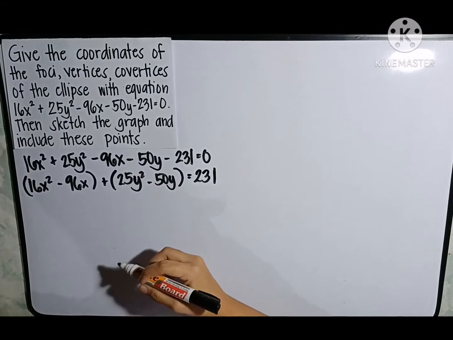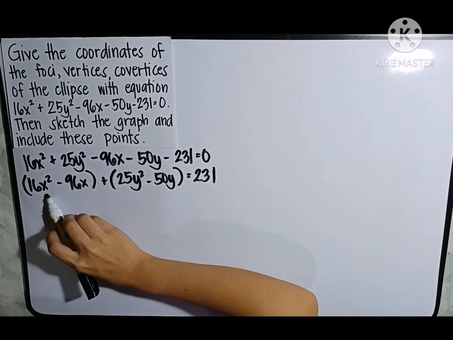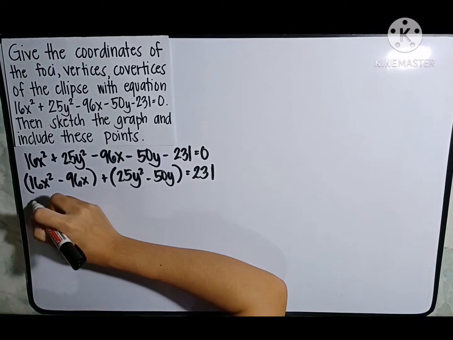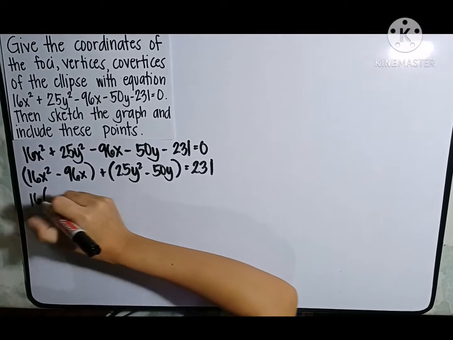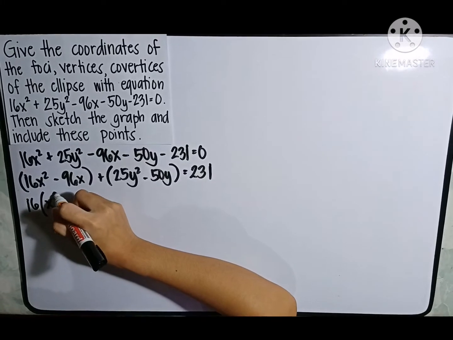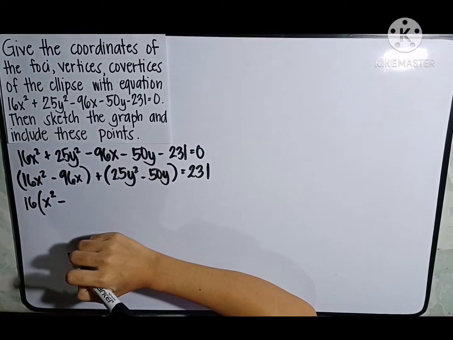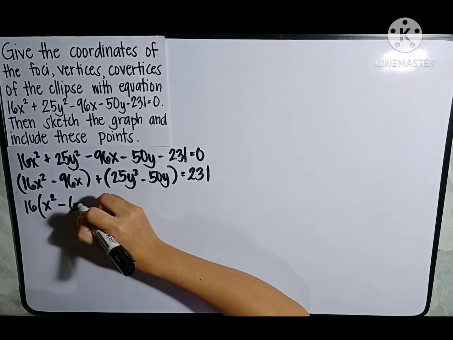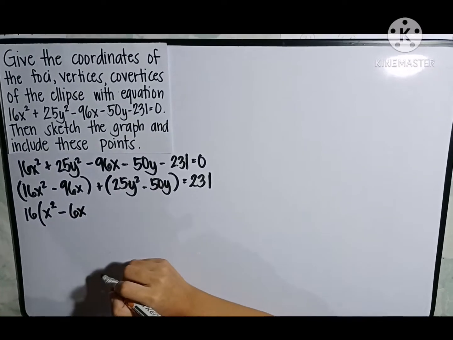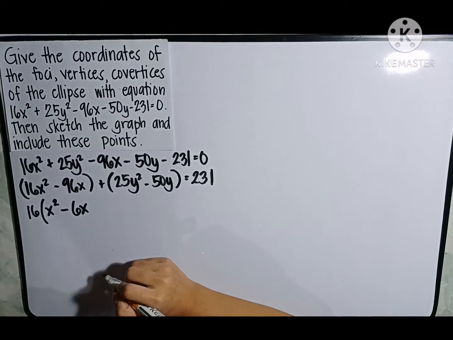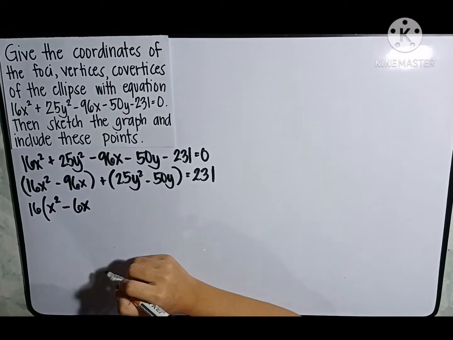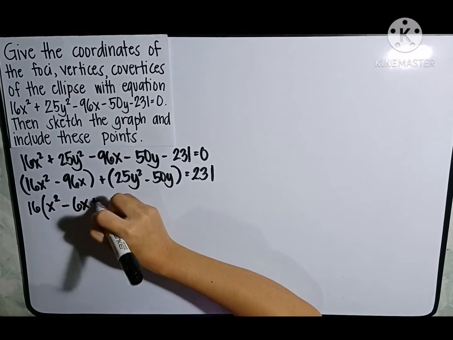Now, we need to remove the coefficient of the first term, 16. So there will only be x squared minus 96 divided by 16 is 6. Negative 6 divided by 2 is negative 3. Negative 3 squared is 9.